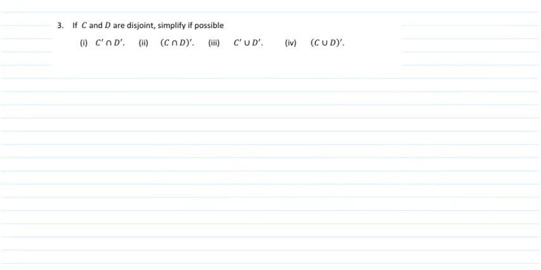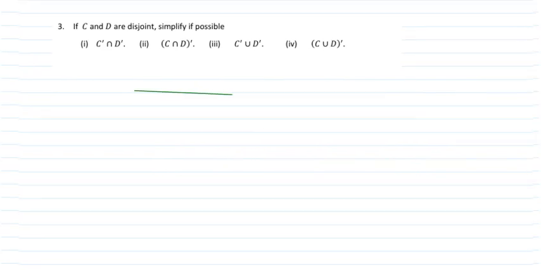Now coming to, if two sets are disjoint, let me show you a clear picture of what is happening there. Where am I putting the shape?